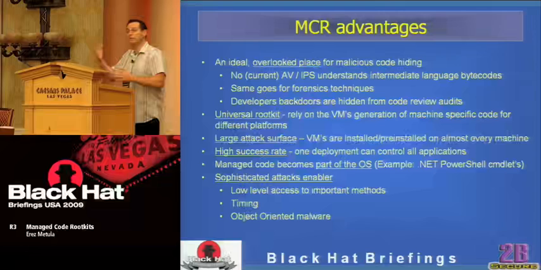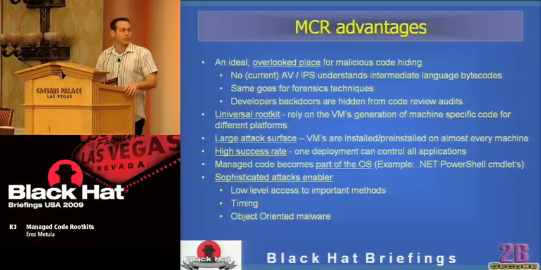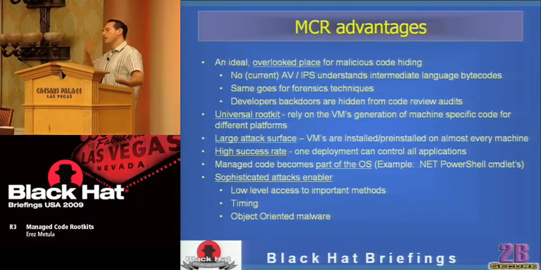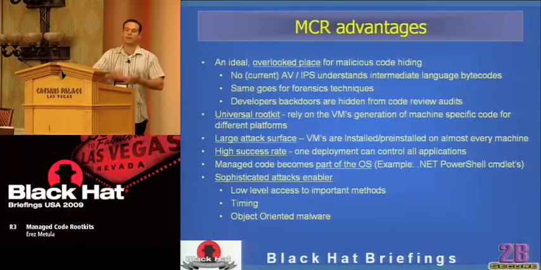The universal rootkit can do it for you. The virtual machine will do it for you. MCRs also have a large attack surface because virtual machines are pre-installed on newer operating systems. Newer versions of Linux or Windows contain the .NET framework, contain the JVM. So basically most of the machines out there contain some kind of virtual machine.